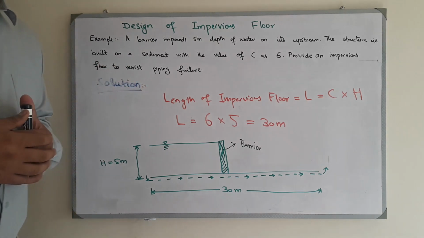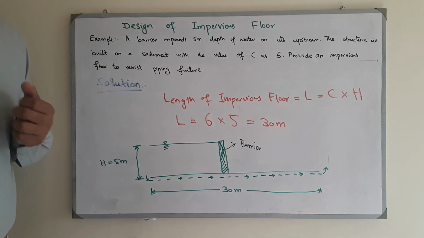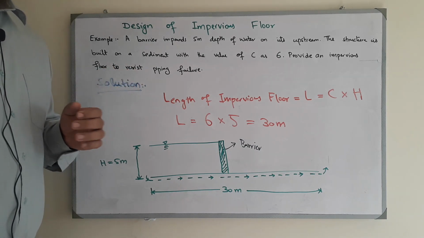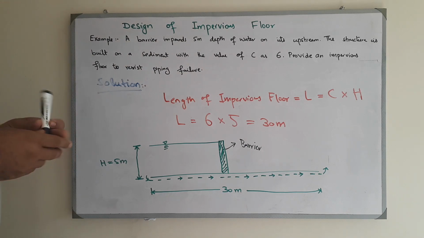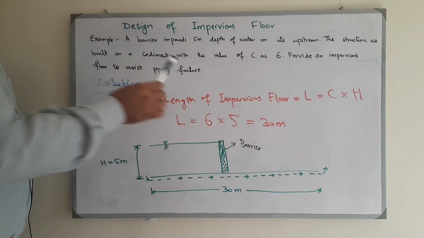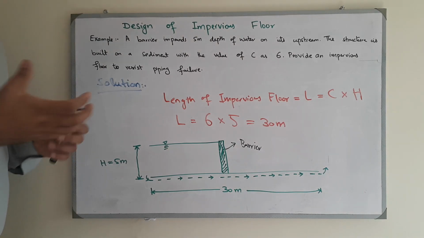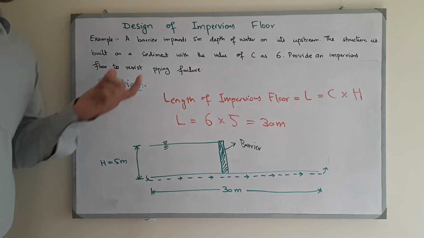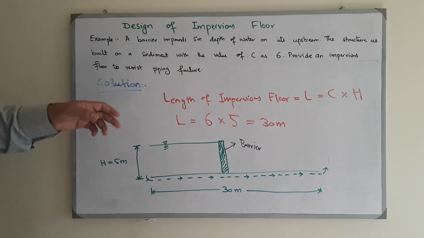What that C value means, we studied in detail in the first part of our Bligh's theory lecture, and C is different for different soil types. Please provide an impervious floor to resist piping failure. So the task is to provide a sufficiently long floor so that it is safe against piping failure.